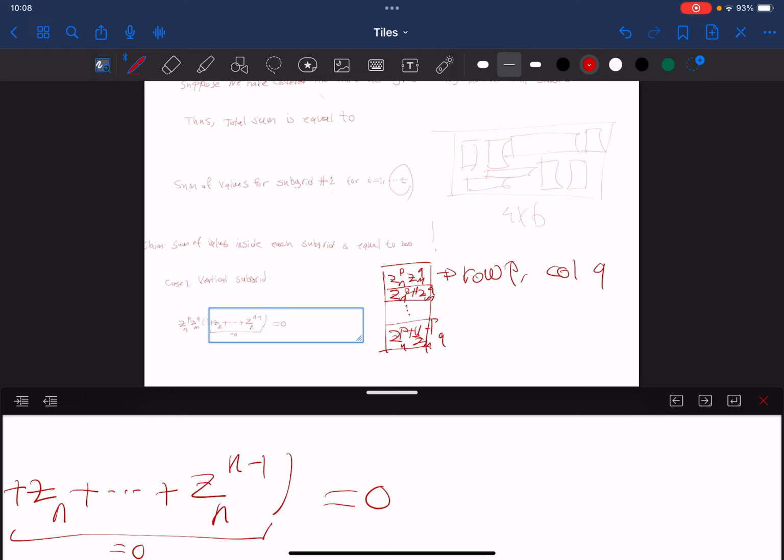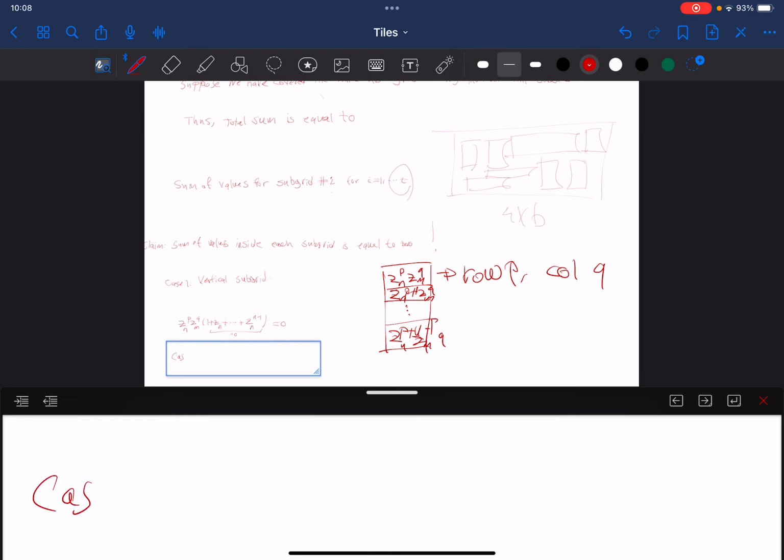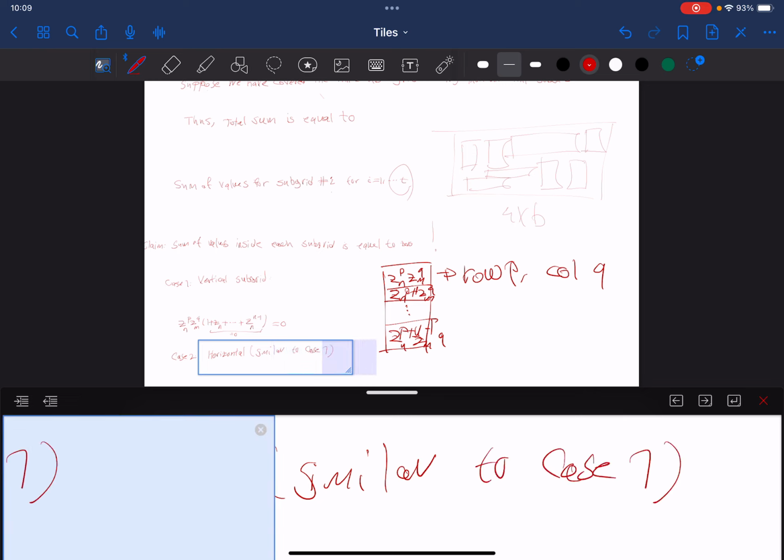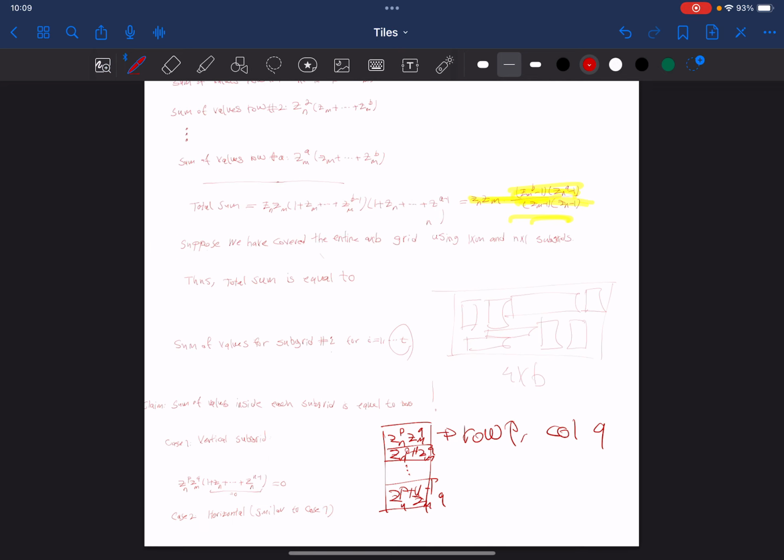Case 2, horizontal, is similar to case 1. Sounds good?